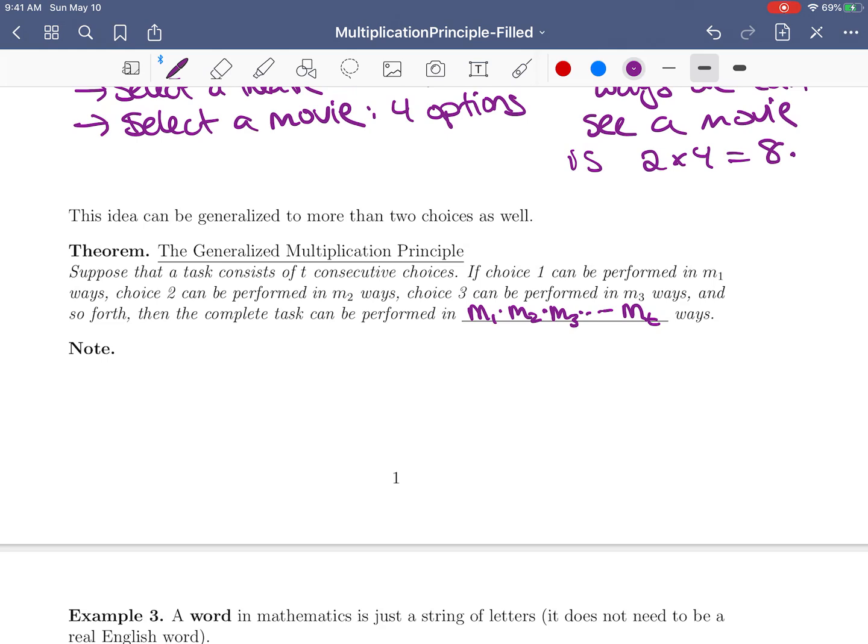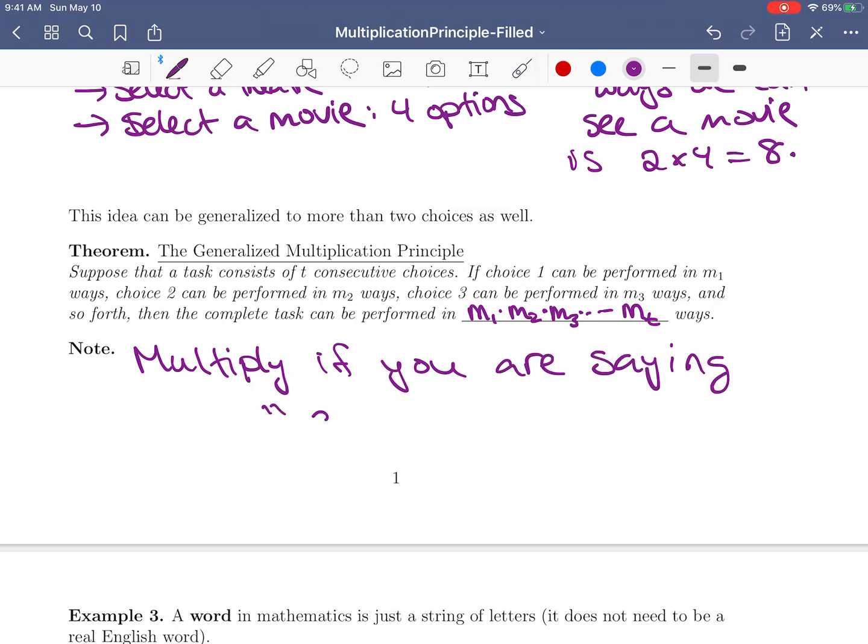Now my note here, because later on in the course we're going to have times where we need to add instead of multiply, I'm going to try to emphasize what we should be looking for in order to know to multiply things. You want to multiply if you find yourself saying "and then," "and," or something similar.